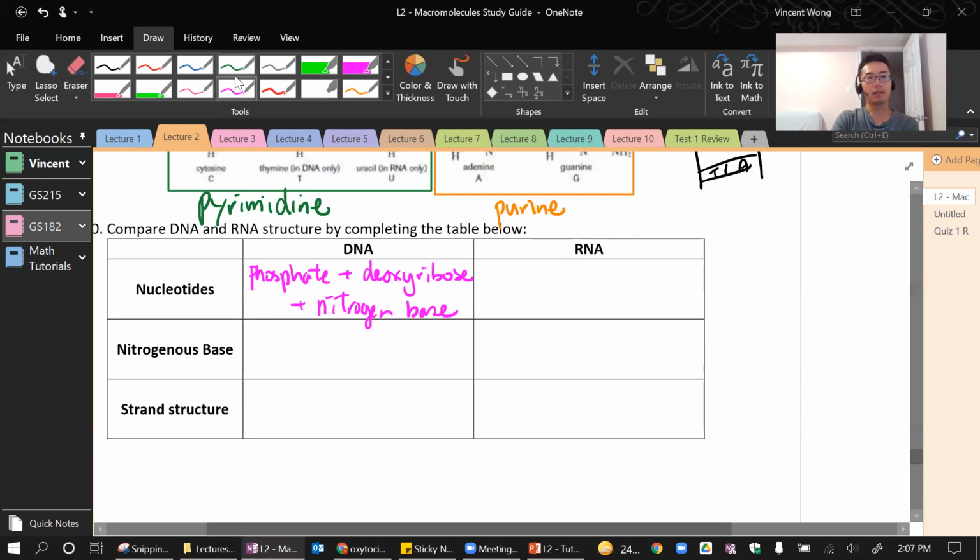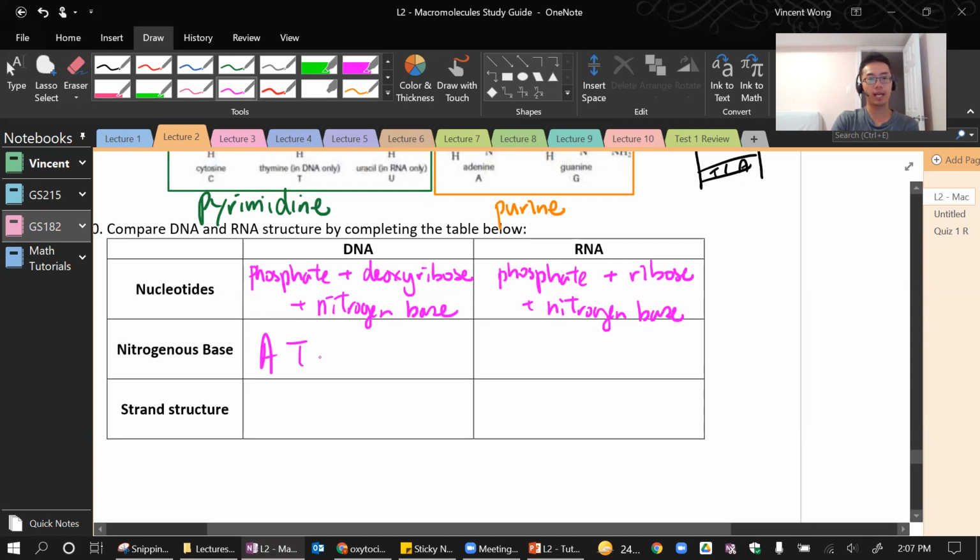Whereas for RNA, we will have a phosphate plus a ribose and also a nitrogen base. What kind of nitrogen base are you going to have?